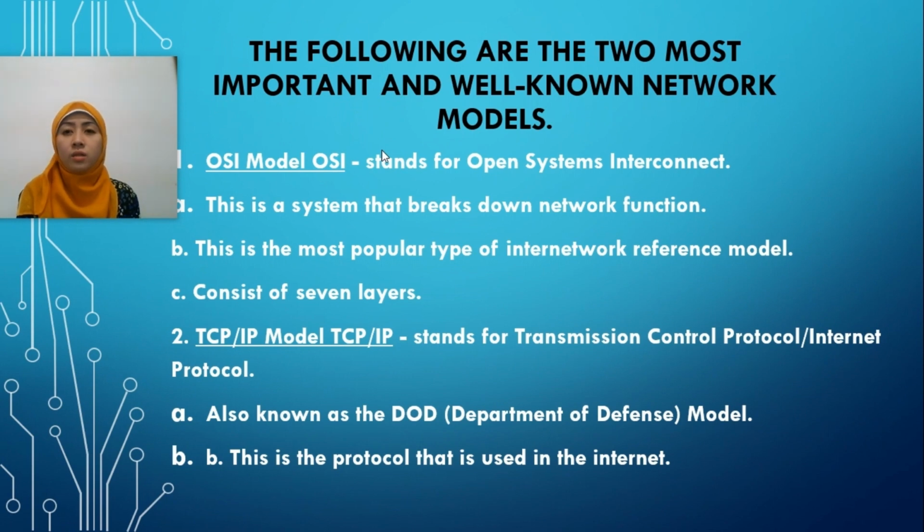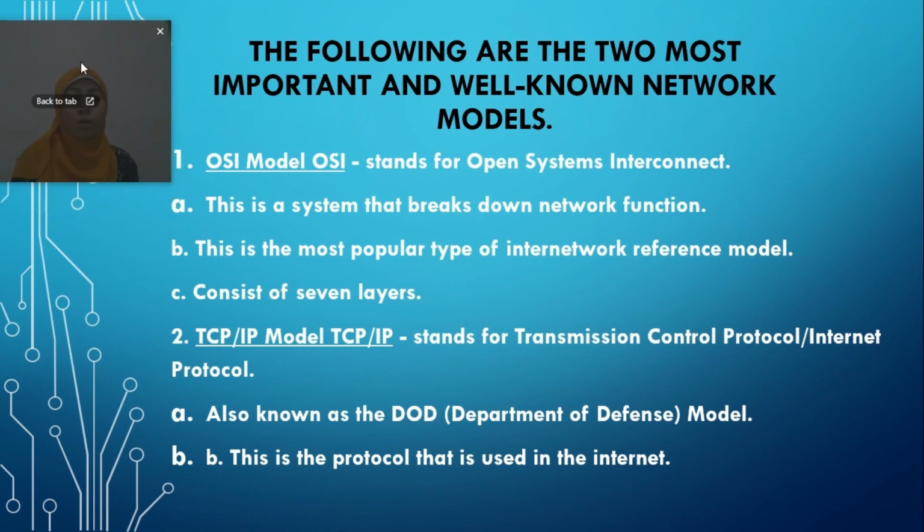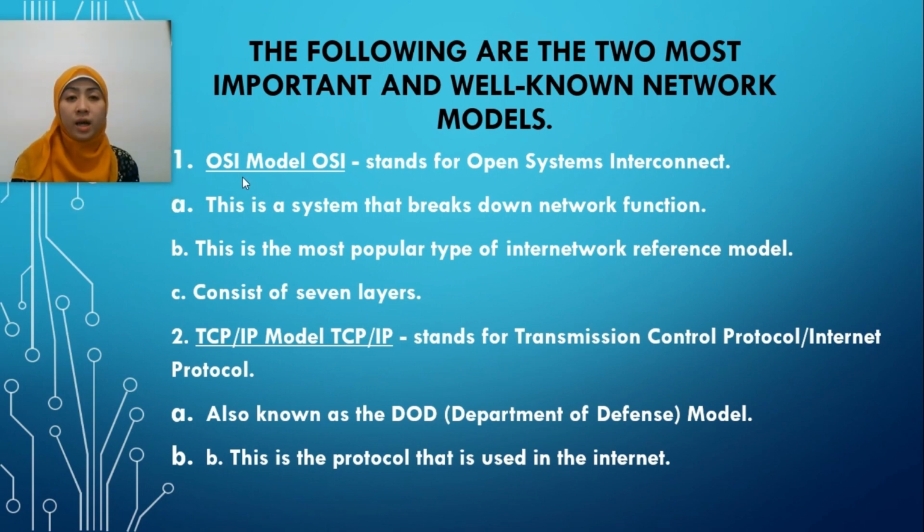The following are the two most important and well-known network models. So we have here the OSI model, which stands for Open Systems Interconnect. This is a system that breaks down network function.